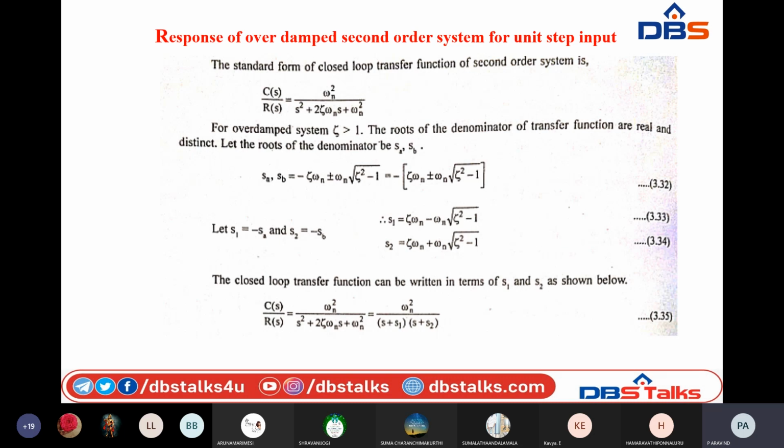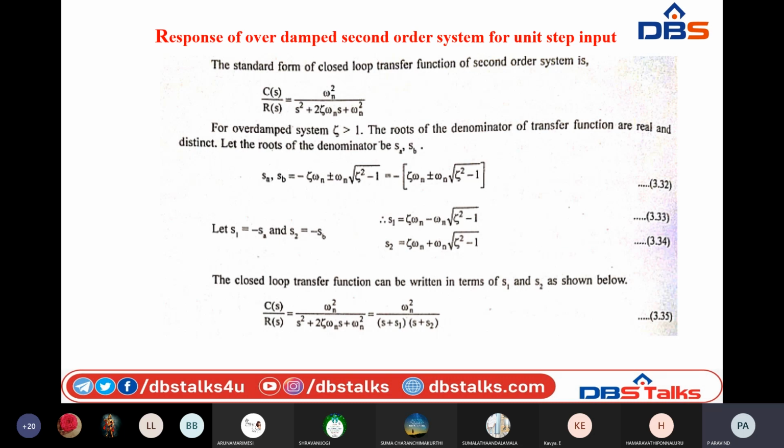So finally we have the A value is 1, and the B value is minus omega n by 2 into square root of zeta square minus 1 into s1. The value of C is omega n by 2 into square root of zeta square minus 1 into s2.